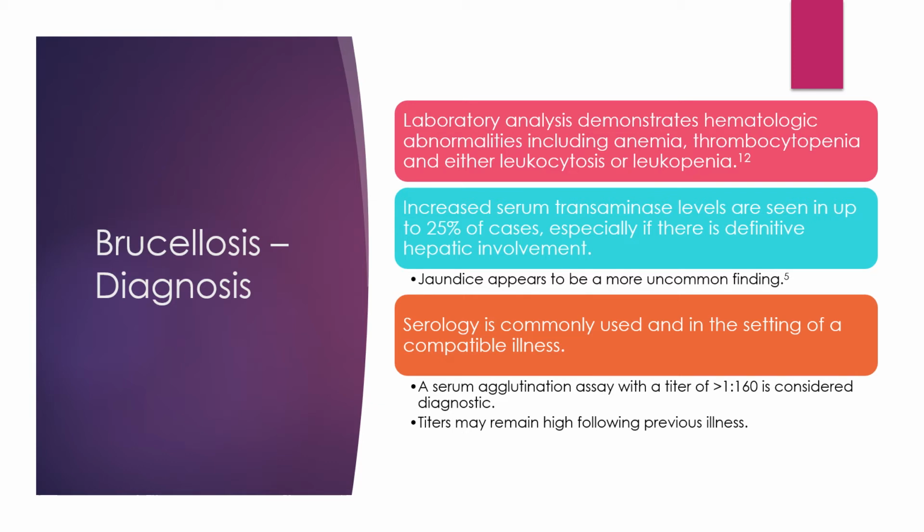Jaundice does appear to be a somewhat more uncommon finding, and diagnosis can be reached through several means. A serum agglutination assay is a common diagnostic tool, and a titer of greater than 1 to 160 is considered diagnostic, but titers can remain high after treatment, and unfortunately aren't always the best guide as to response to therapy.